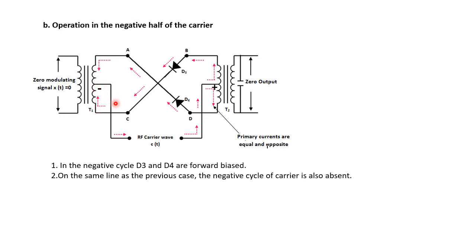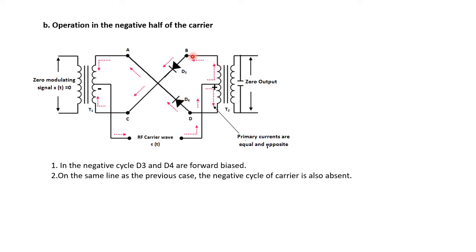It moved like this through the two points between which the RF carrier is applied. It will move in the upward direction, and when it comes to the primary of transformer T2, then it will go upwards.